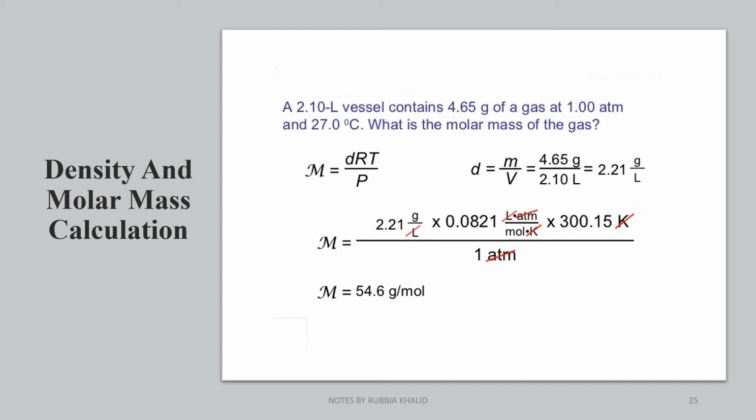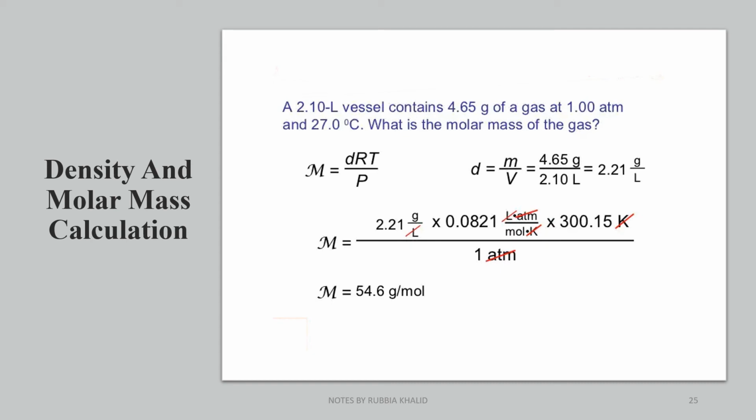Before that, we're going to calculate the density using mass over volume. They have given you the mass of the gas, which is 4.65 gram, and the volume, which is 2.10 liter. So mass divided by volume will give you 2.21 gram per liter.